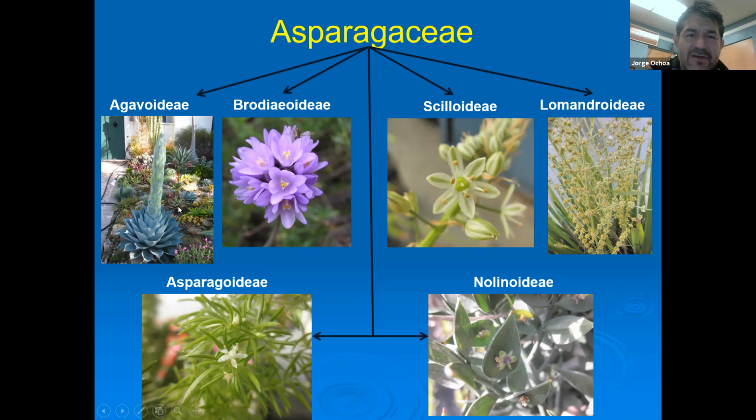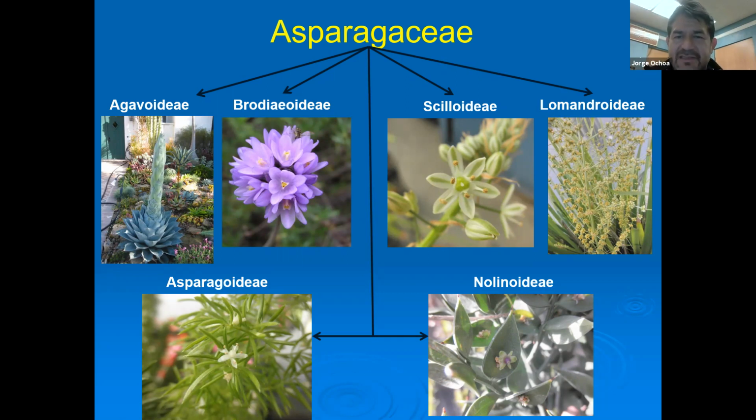But within the Agavoideae, we have the Brodiaeoideae, which is going to be Brodiaea, a bulb plant or a geophyte plant that is native to California. The representative here is the wild hyacinth. And there's going to be many more plants, so a geophyte.